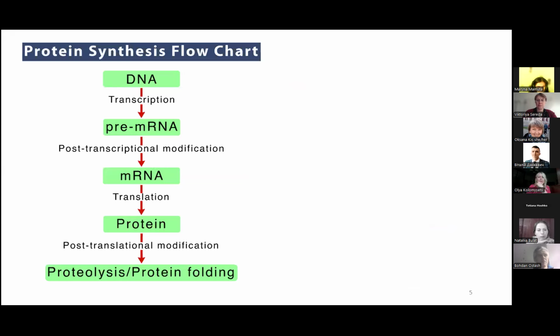Let's begin with what we call the dogma of molecular biology. So information in a cell comes from DNA. DNA is like an instruction inside of our cell. And making a protein is like baking a cake in the kitchen. You need an instruction, you need a recipe, you need ingredients, and you need a kitchen. And then you make a cake. And so the recipe is the DNA.